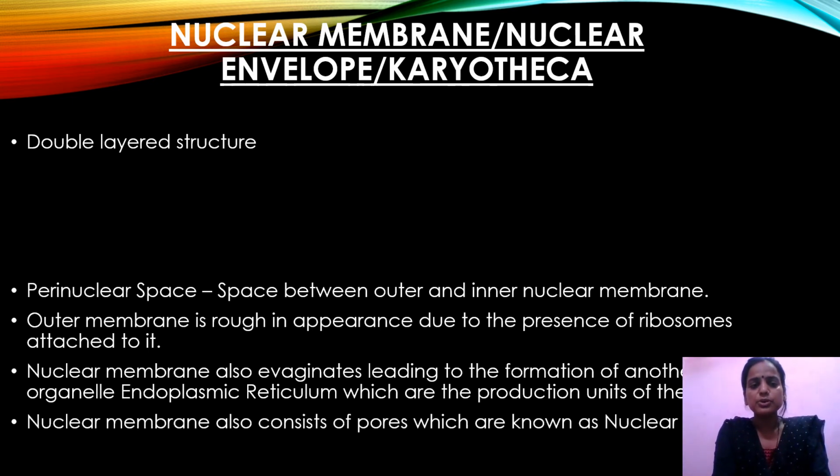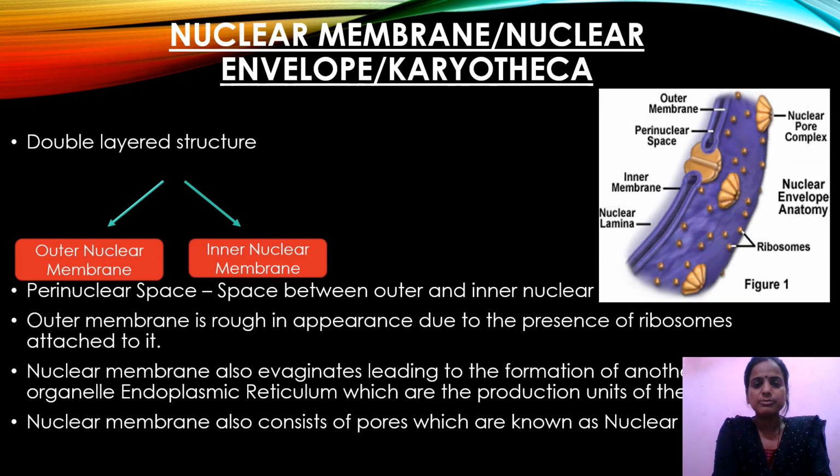The nuclear membrane also consists of pores, which are known as nuclear pores. So here you can see the outer membrane and inner membrane. Here we have the diagram of the nuclear membrane or karyotheca or nuclear envelope. You can see this is the outer nuclear membrane. Then we have another membrane, that is the inner nuclear membrane.